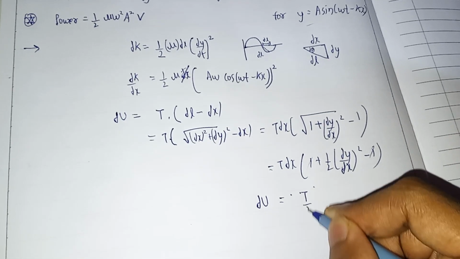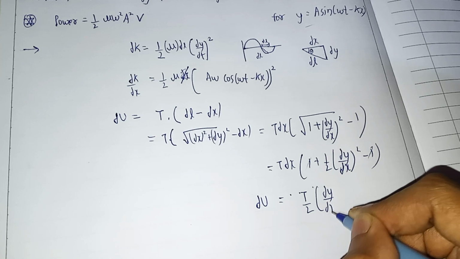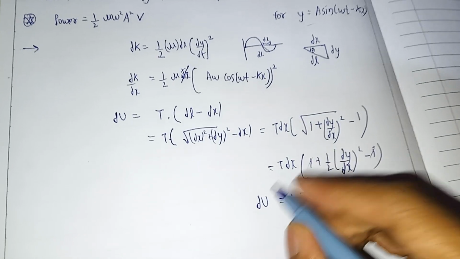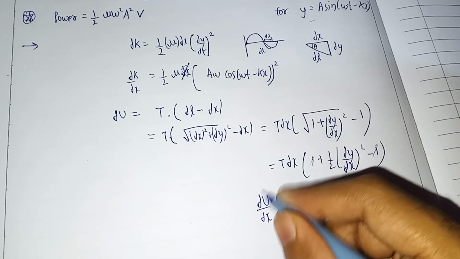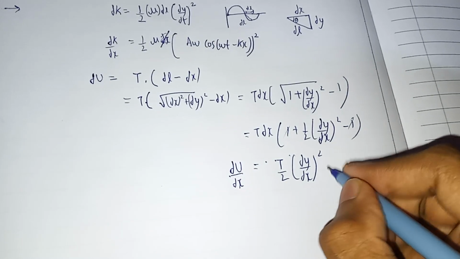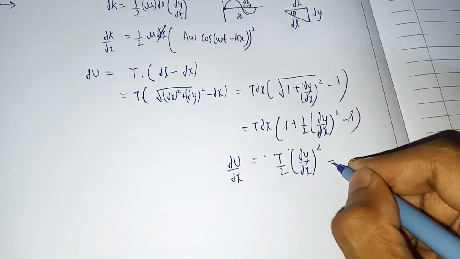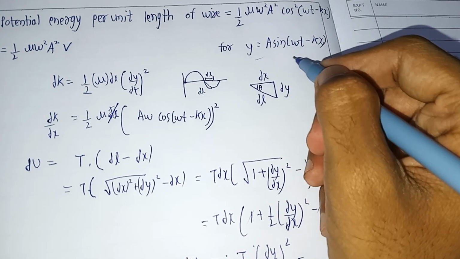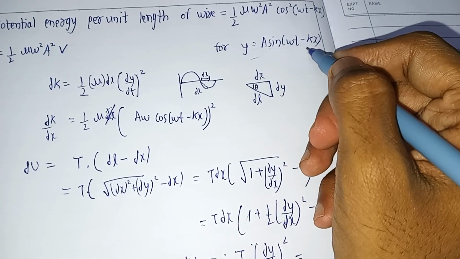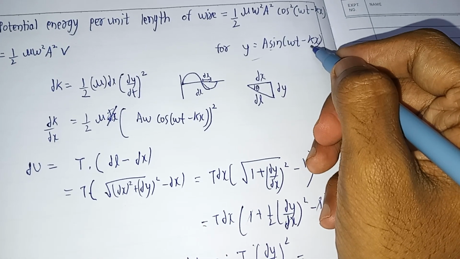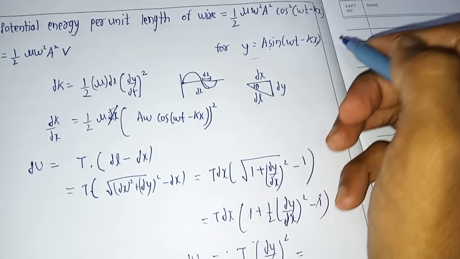We are left with dU equal to T by 2 times (dy by dx) whole square, and we will bring this dx down so you can find potential energy per unit length. We find the value of dy by dx as minus ka times cos(omega t minus kx), whole square.